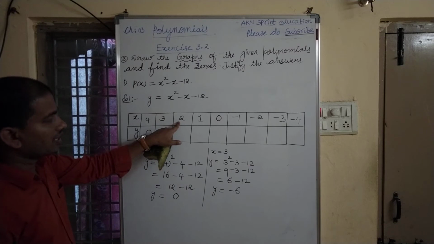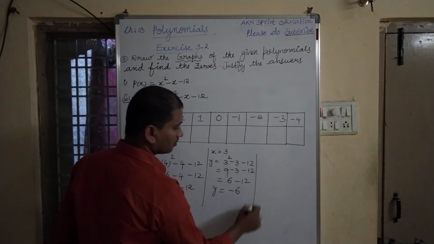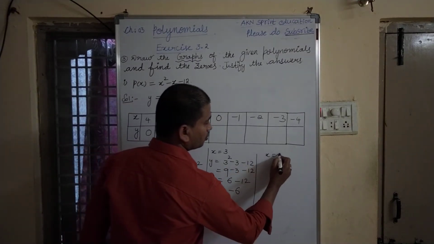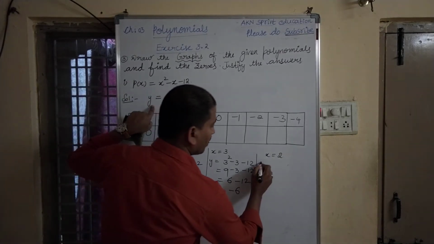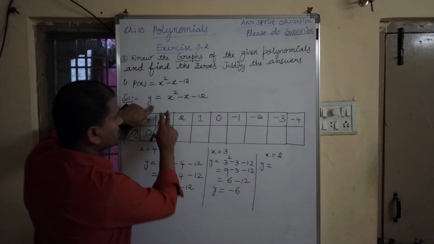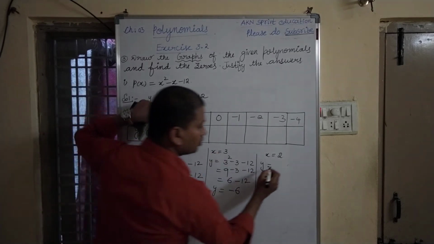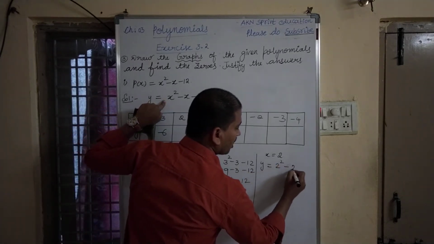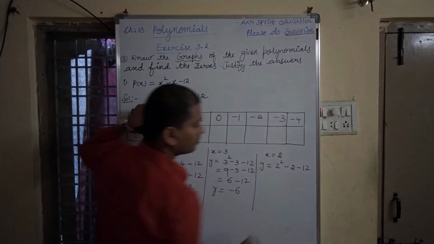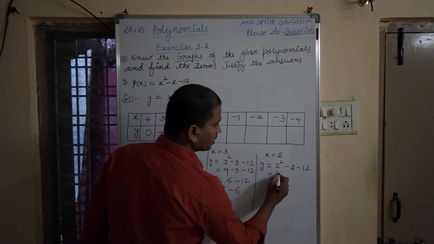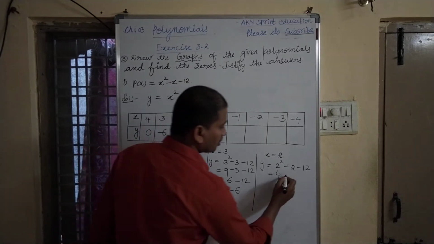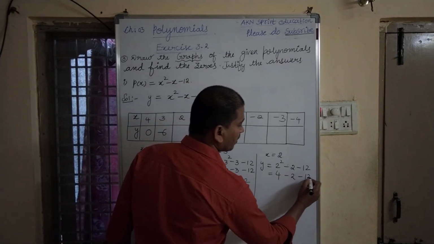Now let us take x equal to 2. When x equal to 2, what is the value of y? Y equal to, in place of x, substitute 2 square minus 2 minus 12. What is the value of 2 square? 2 square value is 4, minus 2, minus 12.